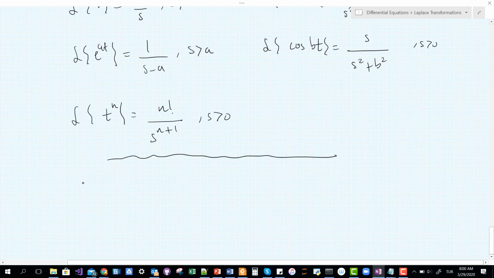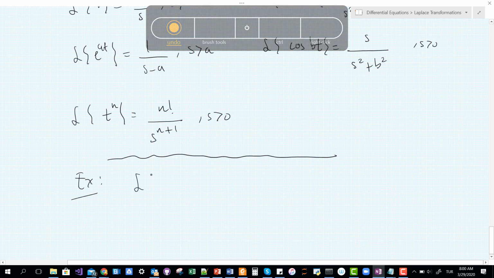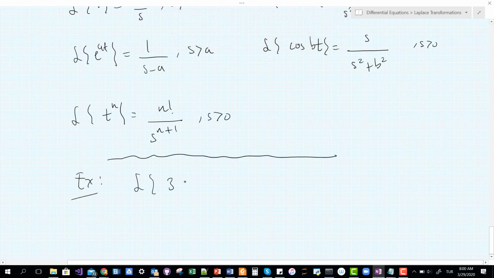But what if I ask you this question? Laplace of 3 plus e to the 3t minus 2 cosine 2t. What would you do?